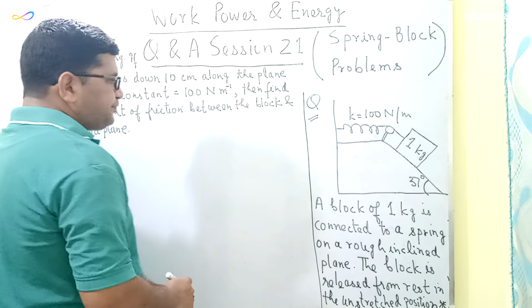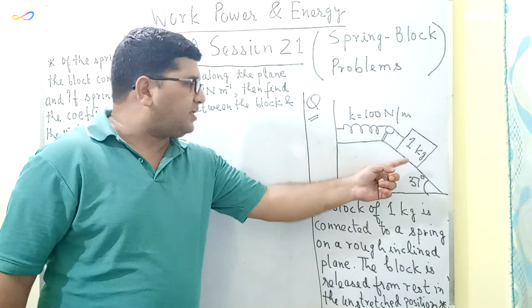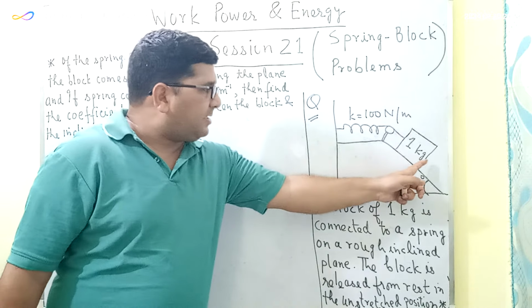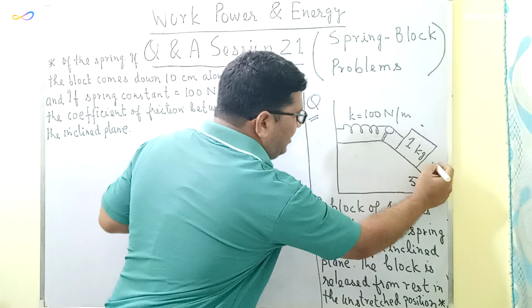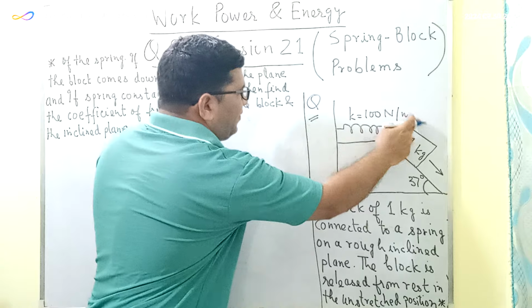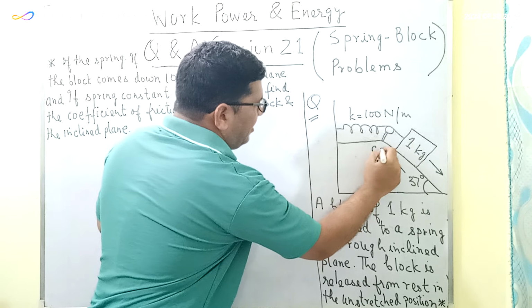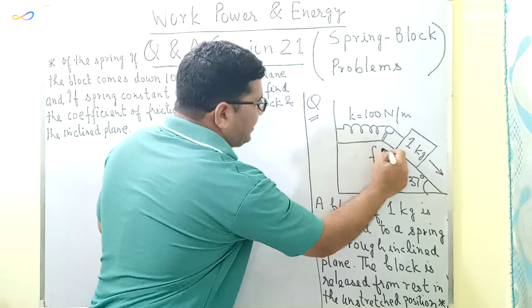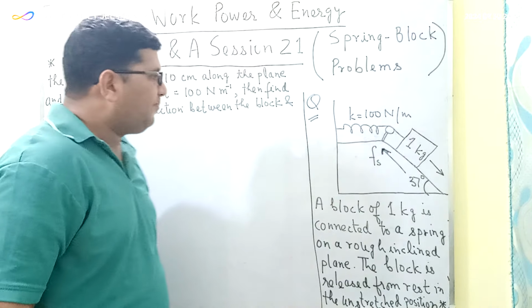Since the surface is rough, and the force of friction opposes the relative motion, and because this block is coming down along the plane, the force of friction, say Fs, will be acting in the opposite direction, that is, along the plane in the upward direction.